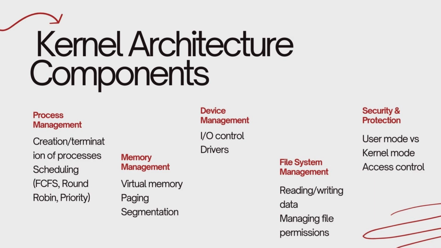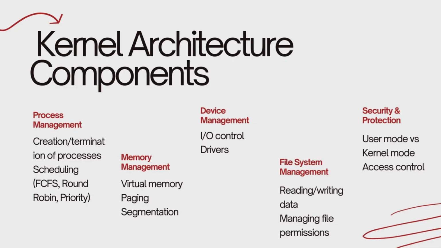Then device management lets the kernel use hardware by talking to the device drivers. Next, file system management organizes how data is stored and accessed on the hardware. Finally, security separates the special kernel mode from the regular user mode.